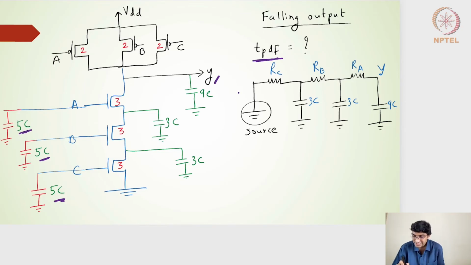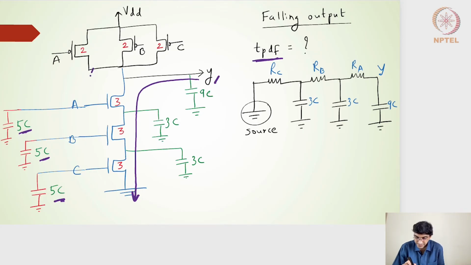So I've drawn an equivalent circuit here. A, B, and C should all be 1, then only the output will discharge to 0. If A, B, C are all 1, that means all the transistors should be on. On the PMOS side, if A, B, and C are 1, all the transistors on the PMOS side will not be operating at all, right?